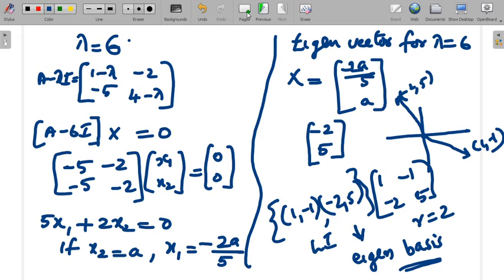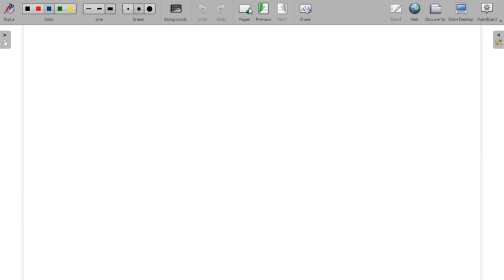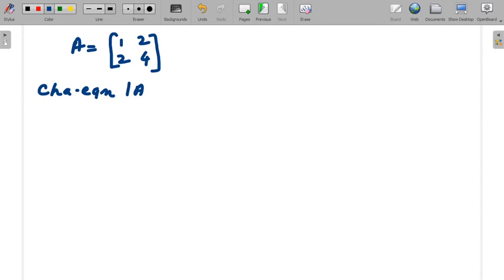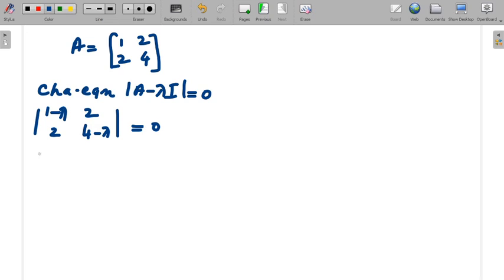Now, if the matrix is a symmetric matrix, this will be an orthogonal basis. For example, suppose you consider A is equal to matrix 1, 2, 2, 4. Then the characteristic equation is determinant A minus lambda I equal to 0. That is determinant 1 minus lambda, 2, 2, 4 minus lambda, equal to 0.